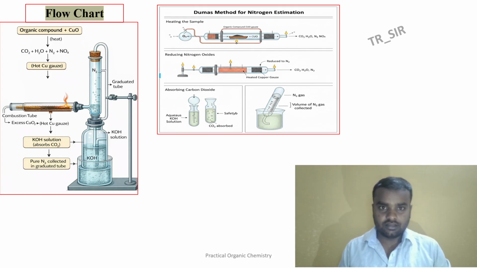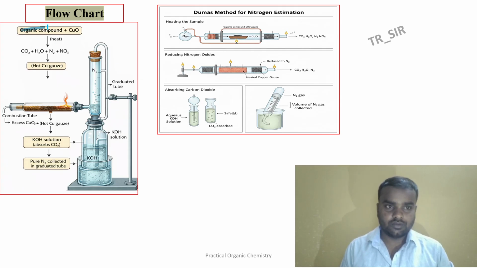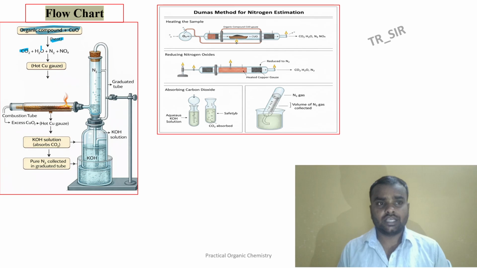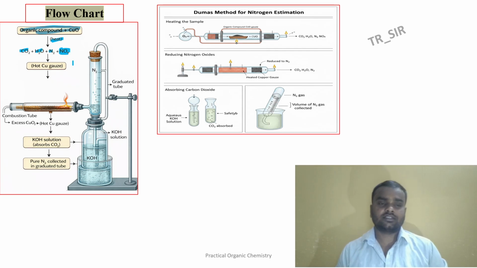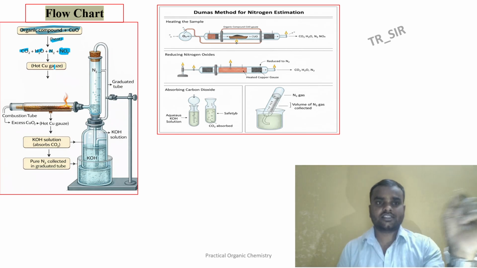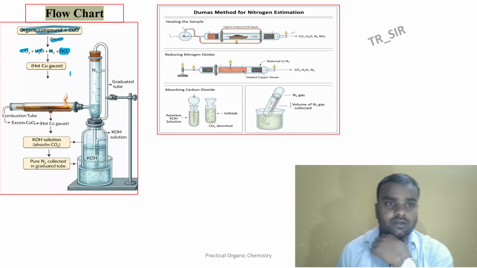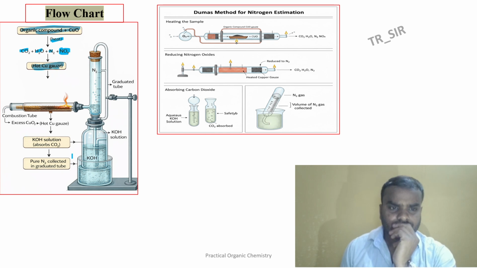Now you can see in the flow chart, directly given, we have taken the organic compound. Now we are heating the organic compound, forming CO2 gas, H2O, N2, along with NOx. NOx is forming. To convert this NOx into N2, we are heating the compound with copper gauze.